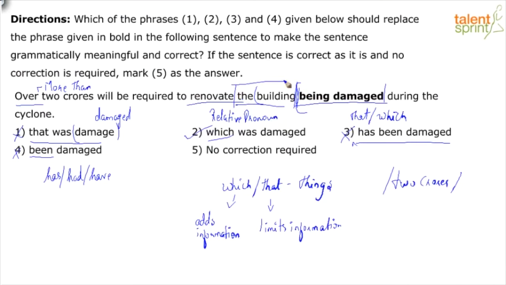The only thing that can connect or relate to it is the relative pronoun. So there is a necessity for the relative pronoun to be added here. That is missing, so I can't leave "being damaged" as it is. Over 2 crores will be required to renovate the building. For what purpose? Why? Answering the question: being damaged during the cyclone.